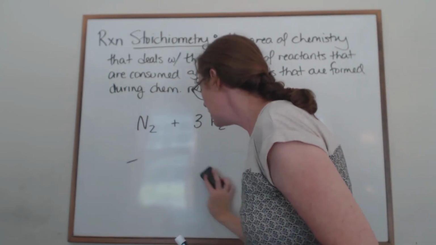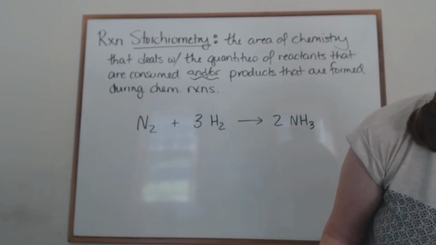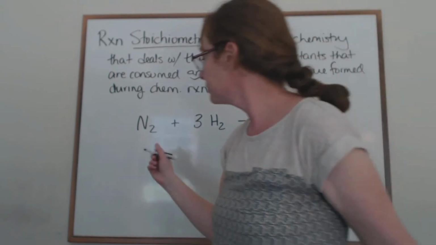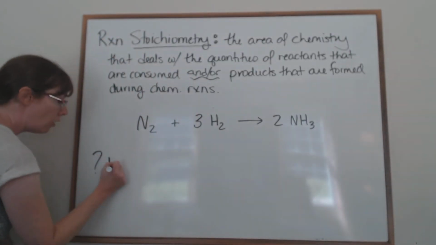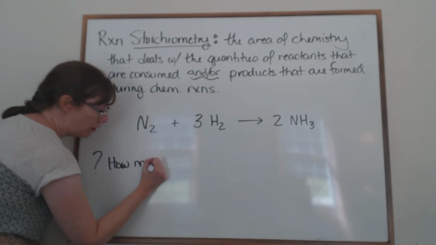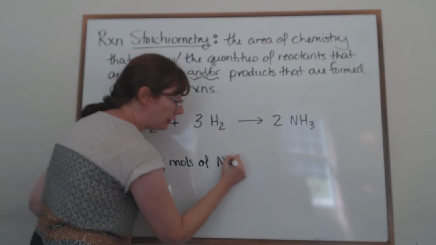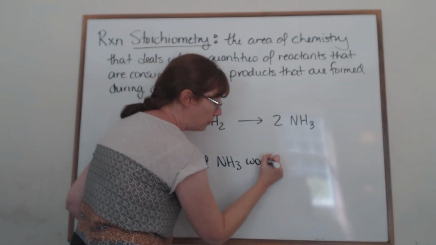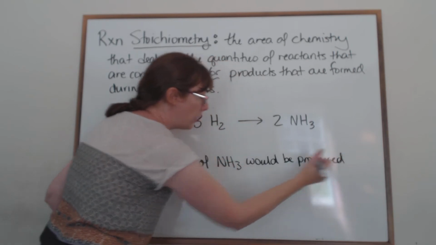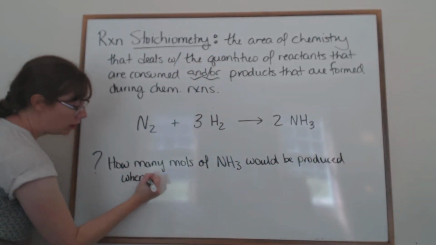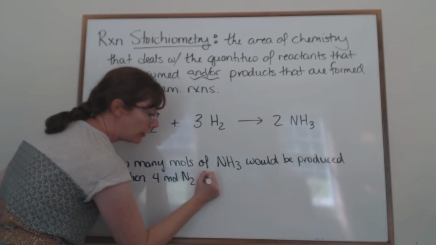Now, let's go ahead and apply this to practice questions. Let's say, how many moles of NH3 would be produced when, let's go with 4 moles of N2 fully react.